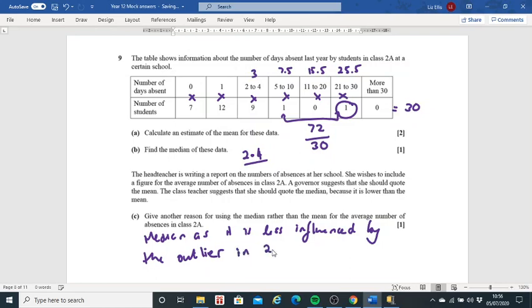In the 21 to 30 class, you had to mention that that was where the outlier was. Otherwise, you didn't score your mark. That's the annoying thing about stats, is they are very picky with words and things. Okay, so you had to mention that the outlier was in the 21 to 30 class.